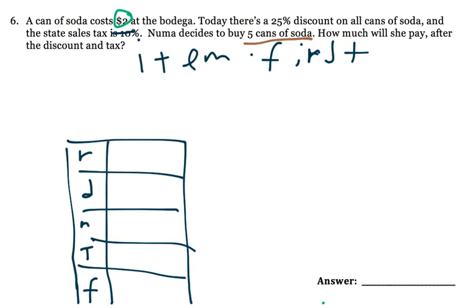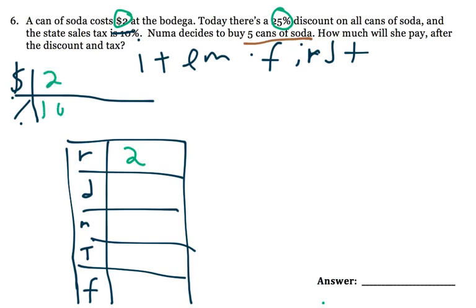So we write that down here. The discount is going to be 25%. So to figure that out, we make a ratio table starting with $2 at 100%.